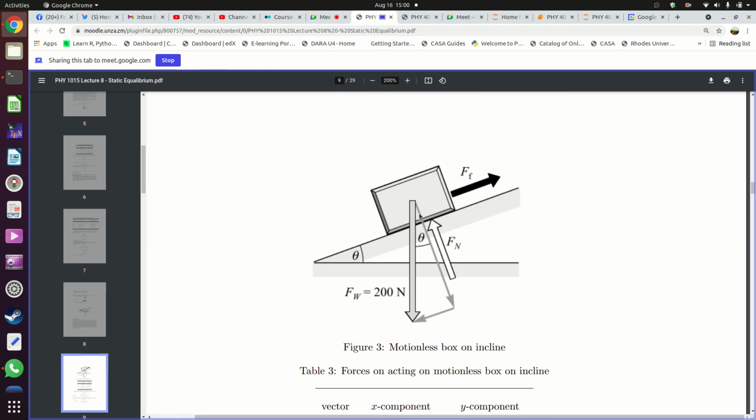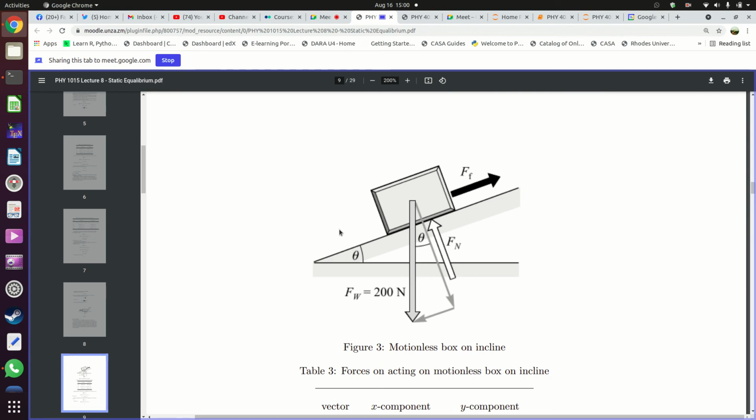There is also this line, which is the Y component of the weight. So this weight has two components. This one is pulling the box down. Since it's a force, it's a vector, I can lift this and put it here.